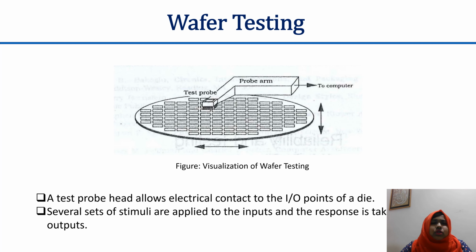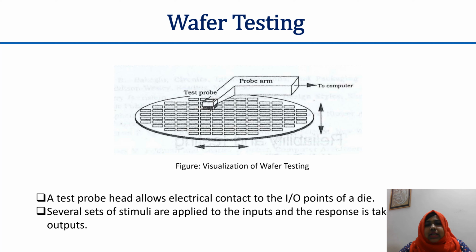Okay. So first of all, we are concerned about wafer testing. So we need to know what a wafer is. A wafer is a thin slice of semiconductor material such as silicon used for the fabrication of ICs. The wafer has been prepared after a series of complicated steps, but at the end of the manufacturing process, the wafer should be tested properly.